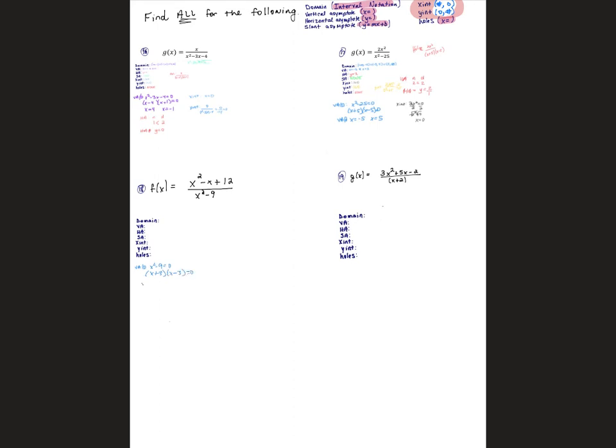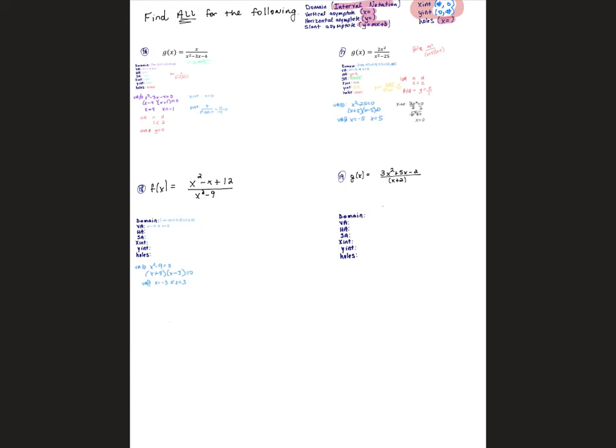So I have vertical asymptotes at x equals negative 3 and at x equals positive 3. That means my domain is anything in the entire world except for those two numbers. So left to right, we go negative infinity to negative 3, union, negative 3 to 3, union, 3 to infinity.